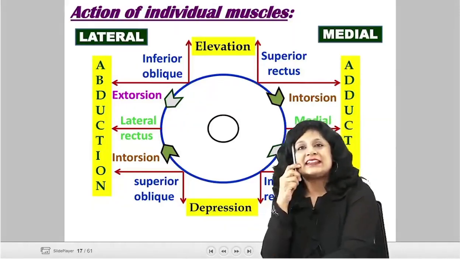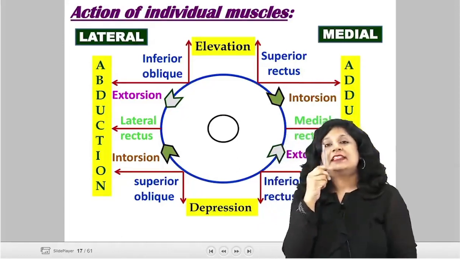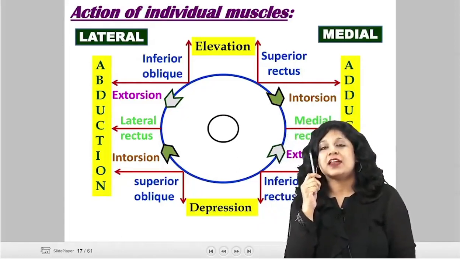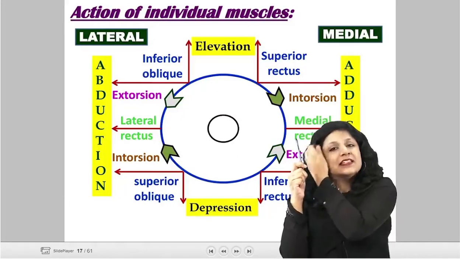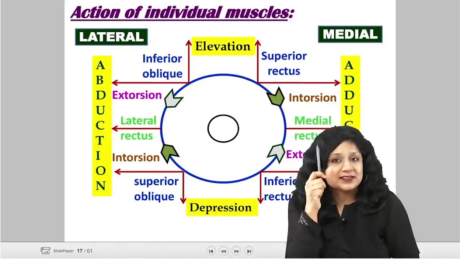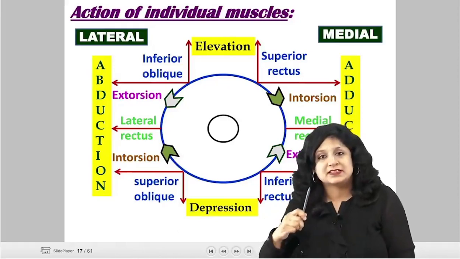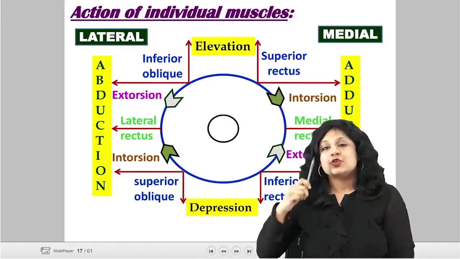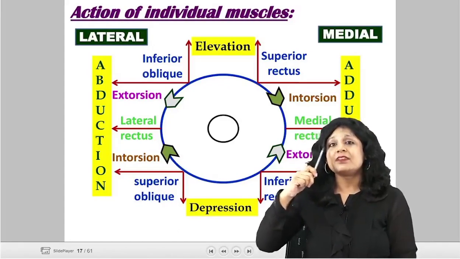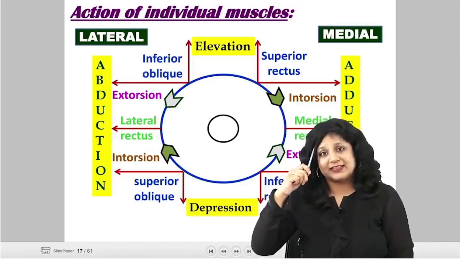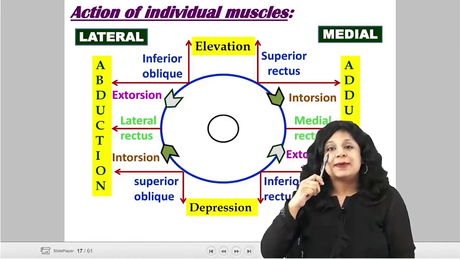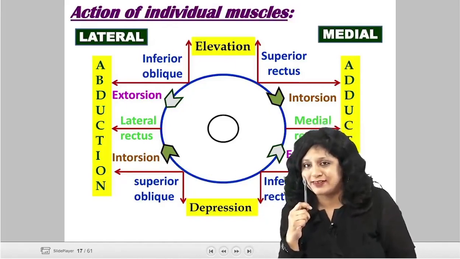So, in the abducted eye, if you ask the patient to elevate, then we are checking the superior rectus. In the abducted eye, if I ask the patient to depress, this is inferior rectus.